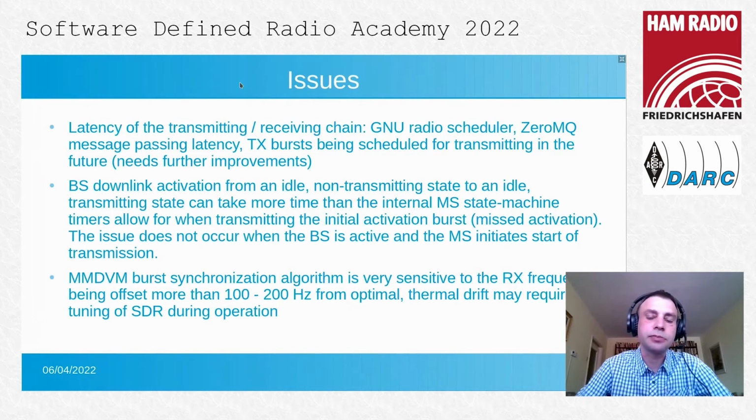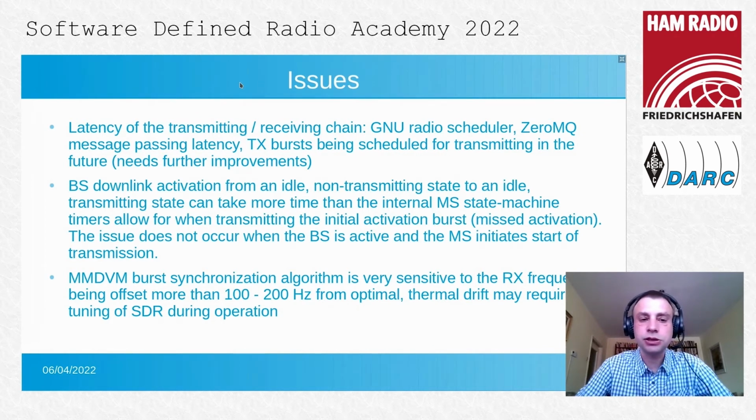So we have some mandatory latency which is being added, and this latency tends to add up for long transmissions, meaning that we can actually observe that the time difference between the transmission from MMDVM and the actual reception is quite large.